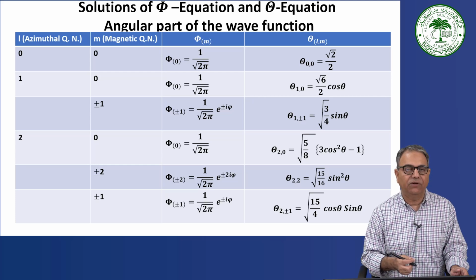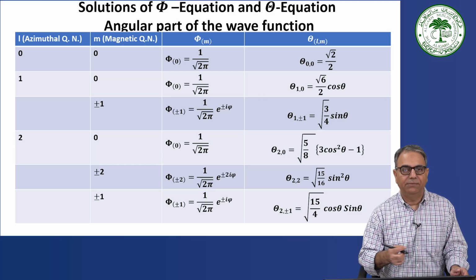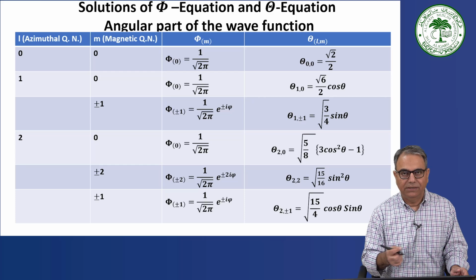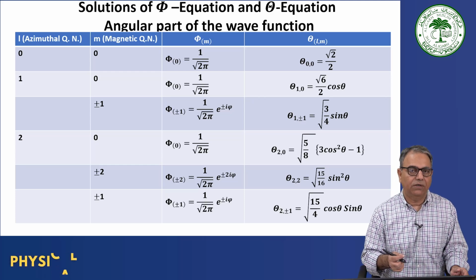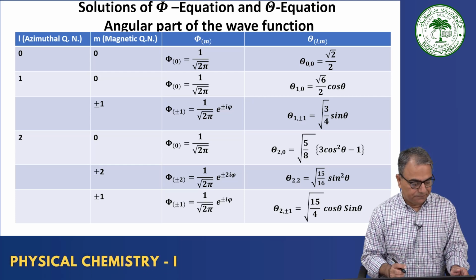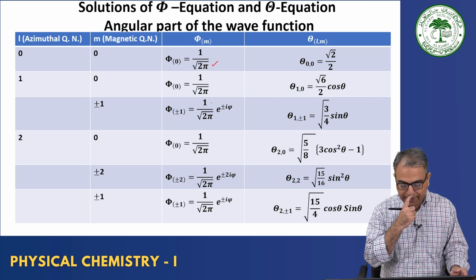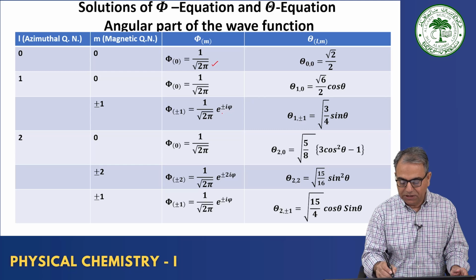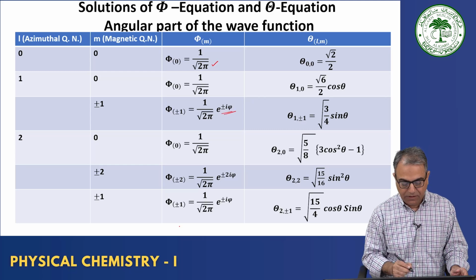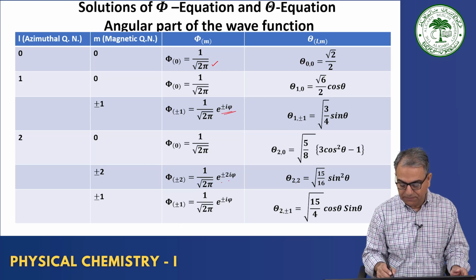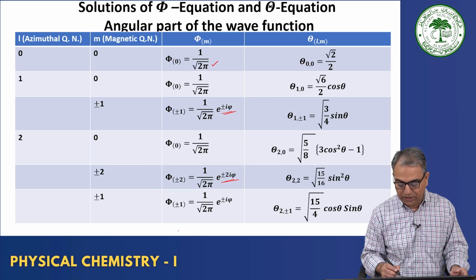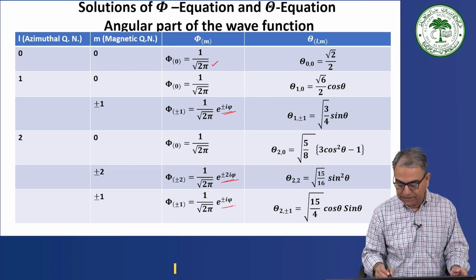The significance of the magnetic quantum number and azimuthal quantum number we talked about in the previous module when we talked about the rigid rotor. So phi naught is equal to this one, it's the same thing. Then with plus or minus 1 you have exponential plus or minus i phi, with plus or minus 2 you have exponential plus or minus 2 i phi, and so on.